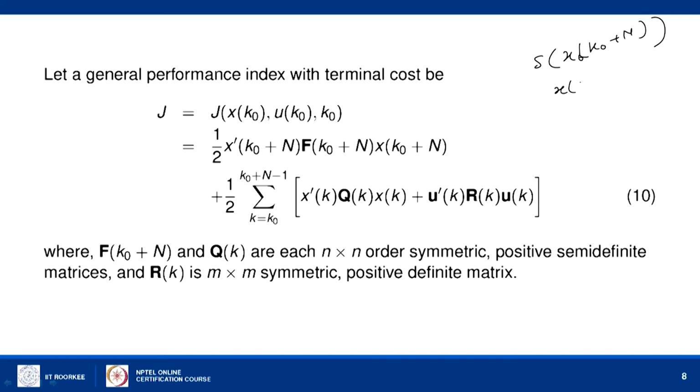We have already introduced that x of k is a vector in Rn with n components, and the control u of k belongs to Rm. The matrix R here is an m cross m matrix and we assume that it is a positive definite matrix, and Q is a positive semi definite matrix. F is also a positive semi definite, symmetric matrix.